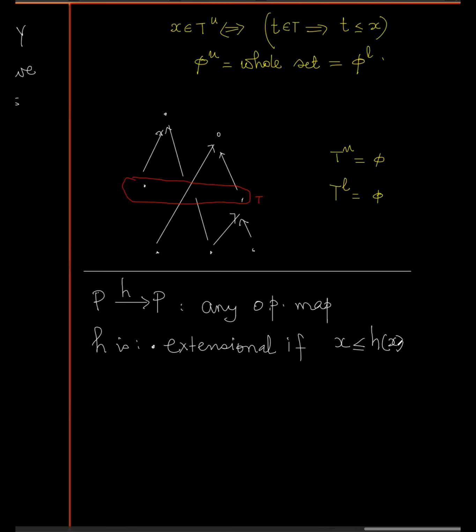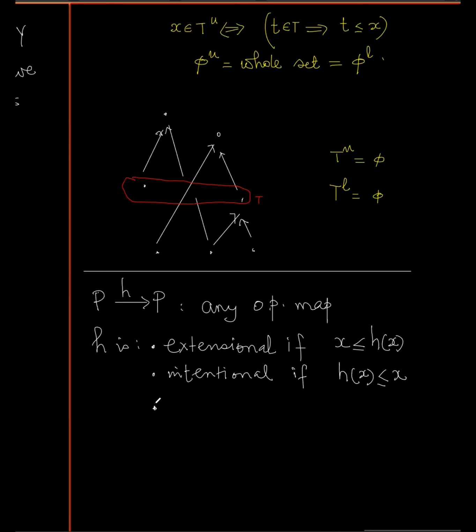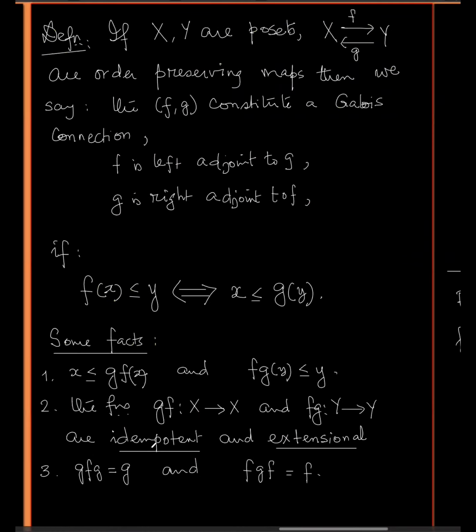H is trying to cover the extent of X, so something like that. Its dual is intensional, if Hx is less than or equal to X. And it is idempotent if H composed with H is H. So the mistake over here was 1 minute.